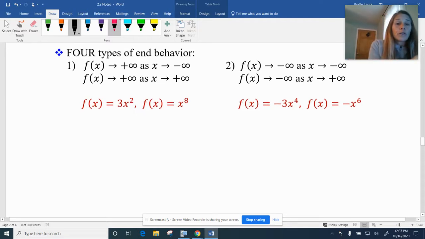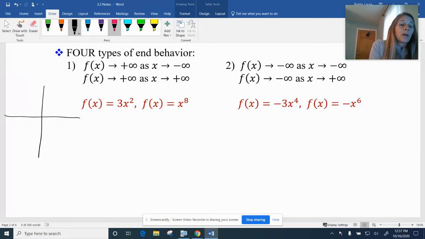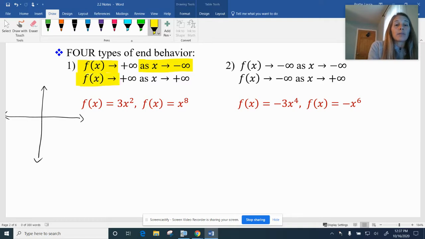So this first option here, so there's 4 types of end behavior. So this first option here, which says f of x approaches positive infinity as x approaches -infinity, and then it says f of x approaches positive infinity as x approaches positive infinity. You might be saying, what the heck? That looks like a whole bunch of gibberish, right?